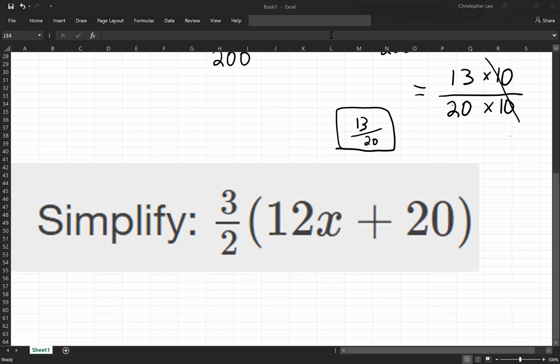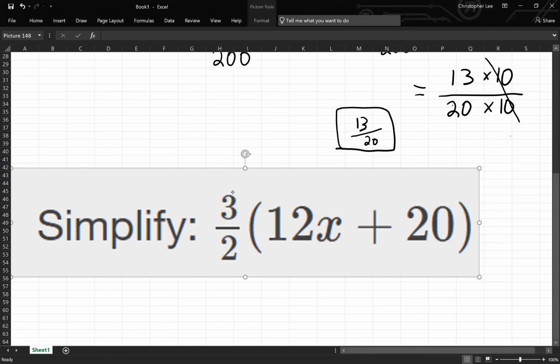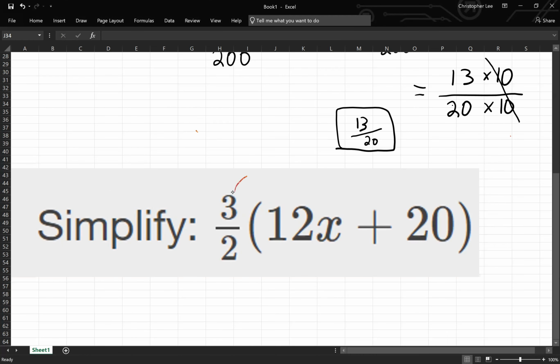Exactly, right? I want to distribute the 3/2 to everybody over here. So let's take a look.